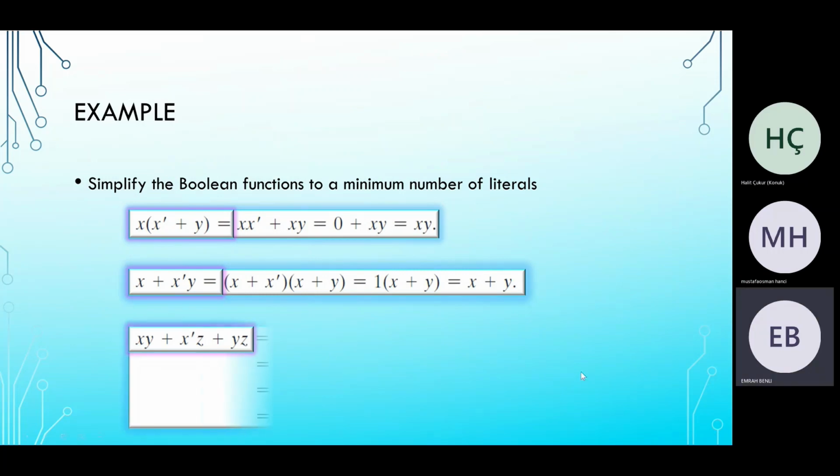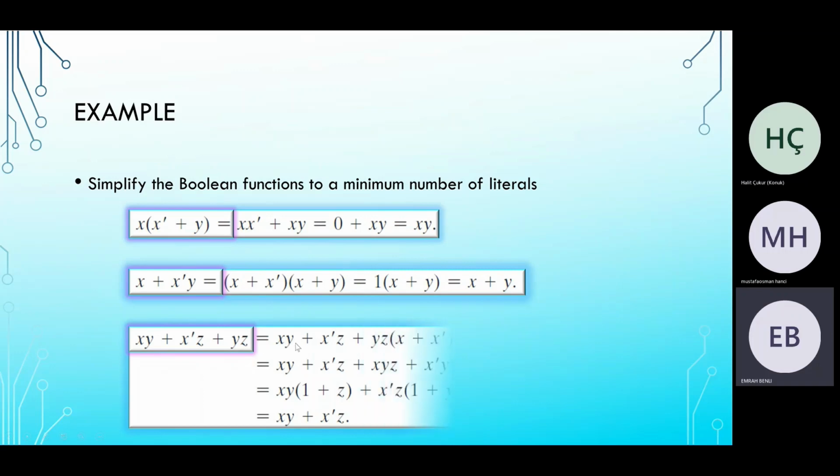So let's go to this one. We can write it in this form this time. We put an AND operation here, and x or x prime. This is 1. It doesn't change anything.